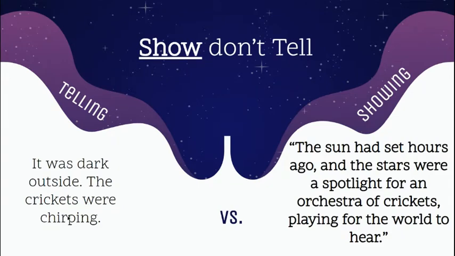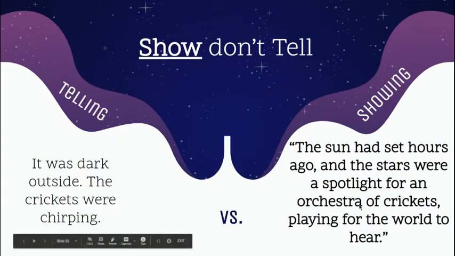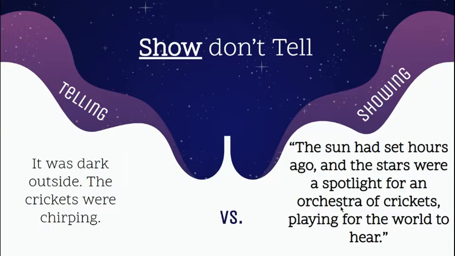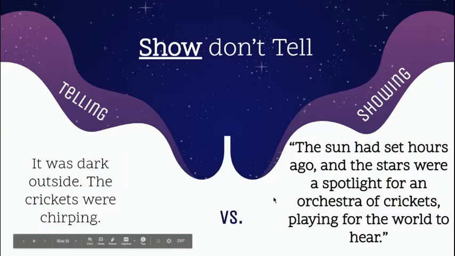Instead of chirping, I said an orchestra of crickets playing for the world to hear. An orchestra is like a huge band, a huge group of musicians all performing. This is a way more interesting set of sentences.